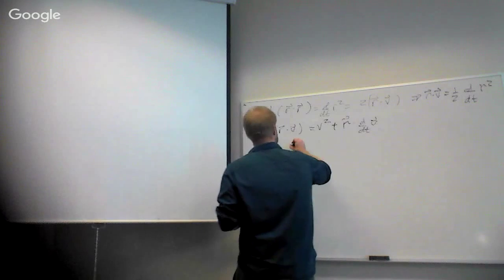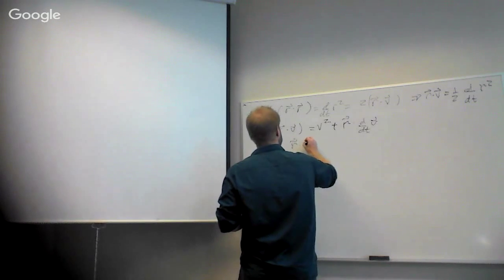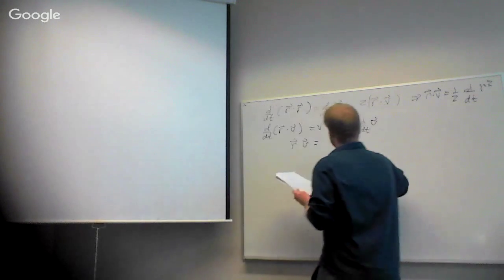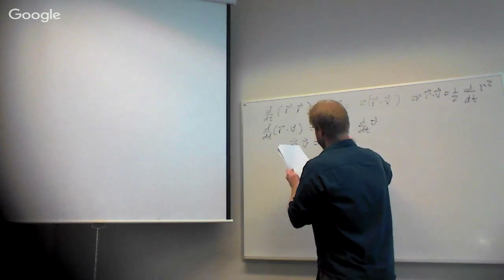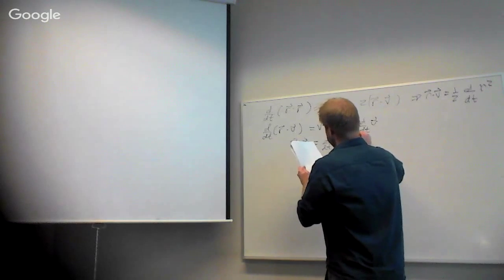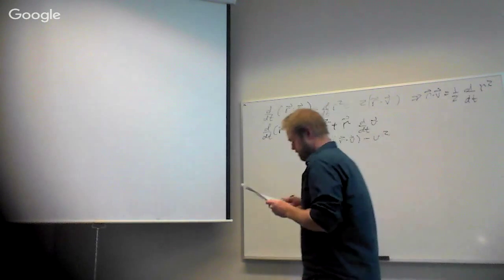And so this means we can write r dot v dot is equal to d/dt of r dot v minus v squared.